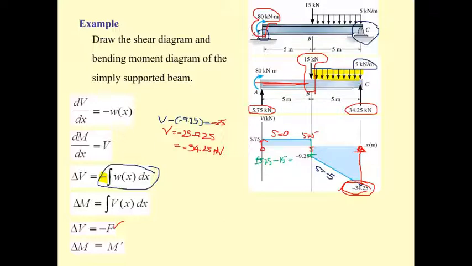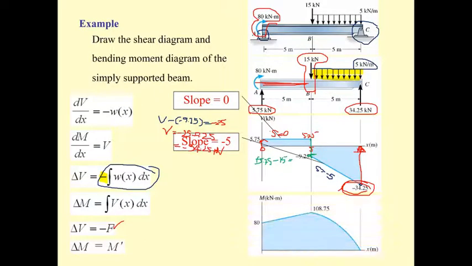So the 80 kilonewton meter here is going to produce plus 80 at point A. Okay, before that, let us check. The slope here is 0. The slope here is minus 5. We have this of plus 80 due to what? Due to this one, and then it is clockwise.